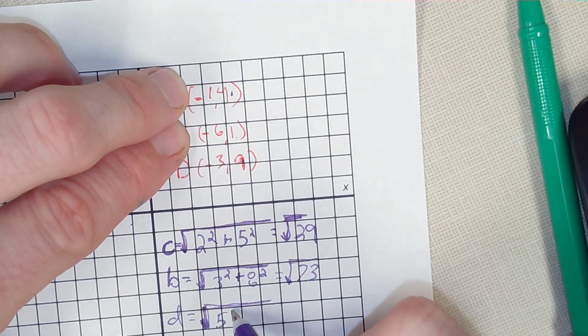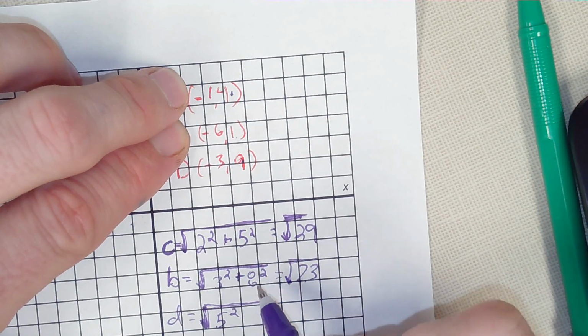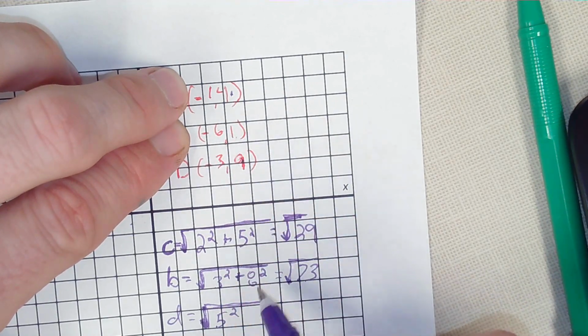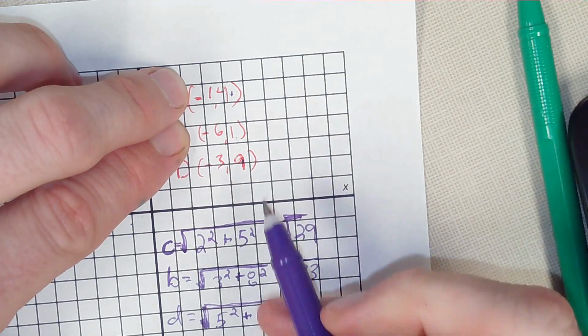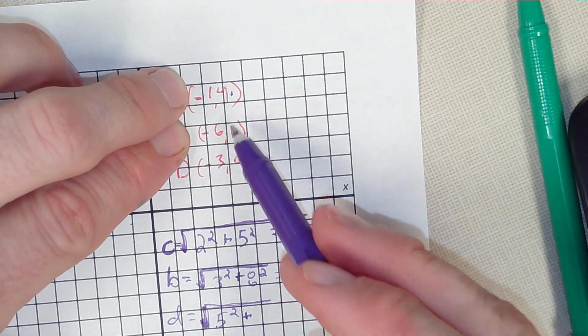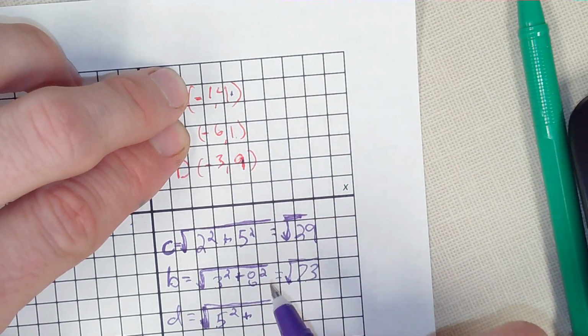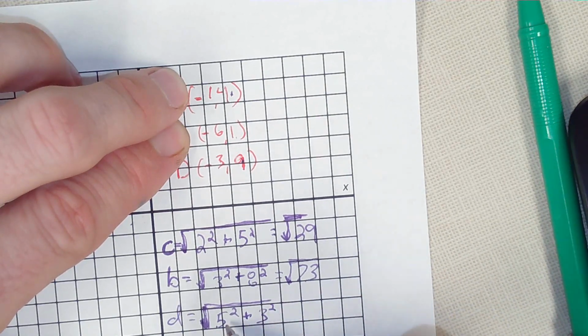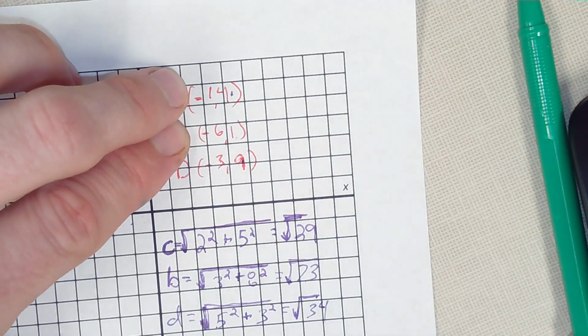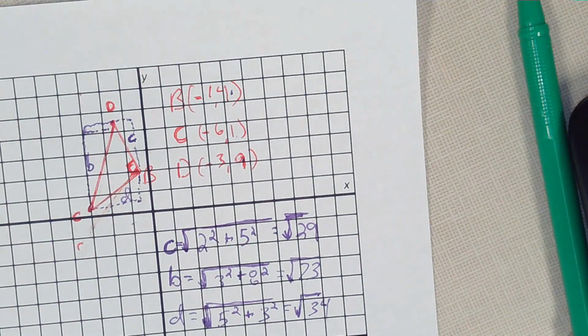And we're going to square that. And our difference between 4 and 1 is 3. So that's going to be 25 plus 9 is 34, and that's the square root of 34. And that is the answer to all those lengths.